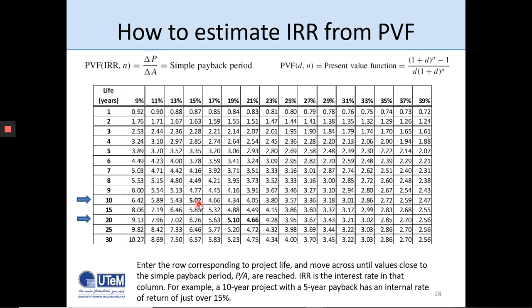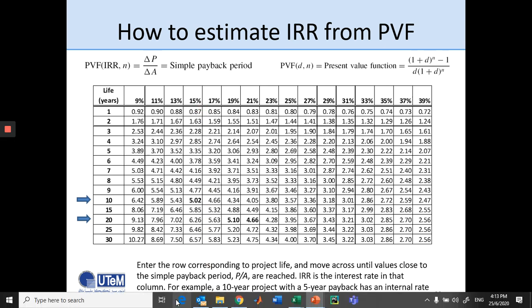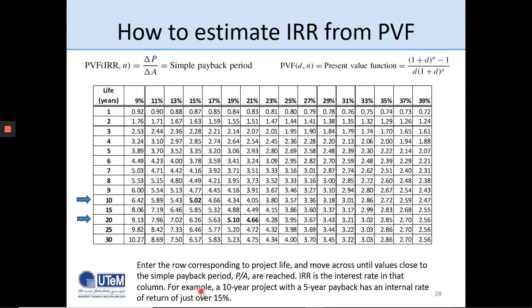When we refer back to the top label column, we find the value is 15%. So the sentence is already given here: a 10 year project with a 5 year payback period has an internal rate of return of just over 15%.